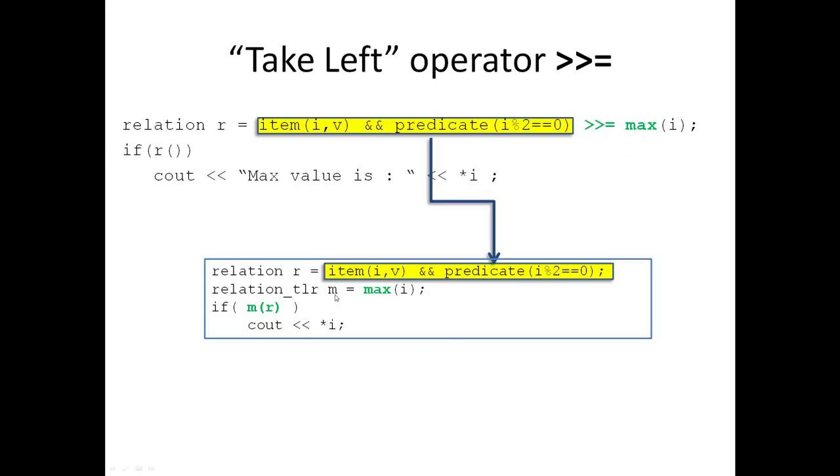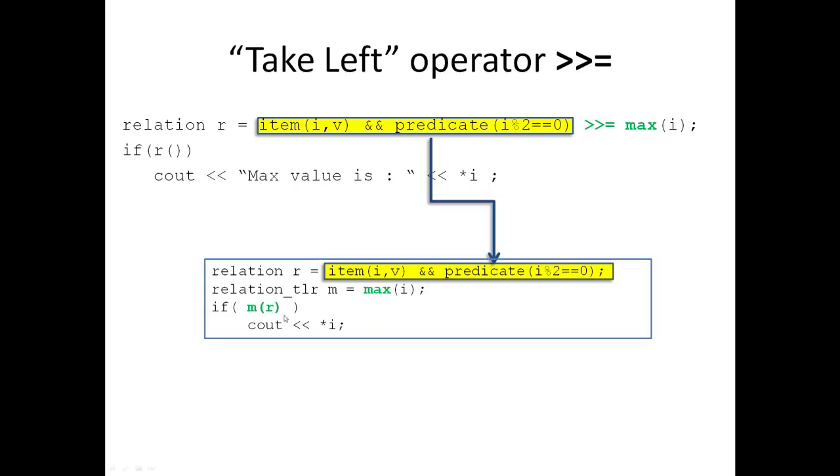In order to trigger the evaluation on M, which is a TLR, we need to provide it a relation. As I mentioned earlier, TLRs require a single relation as argument at the time of evaluation, unlike ordinary relations which do not take any arguments at the time of evaluation. So here we provided R as an argument to M.